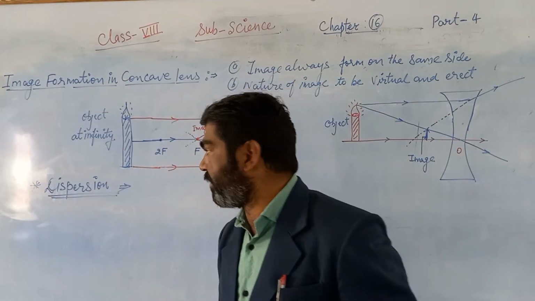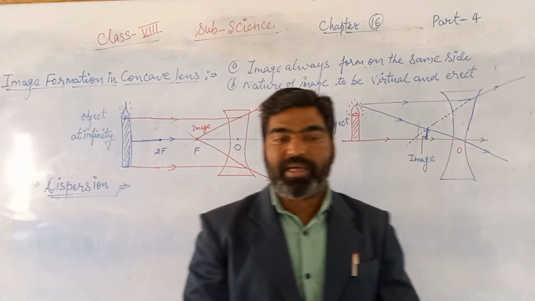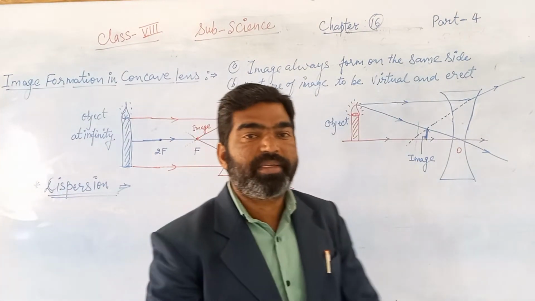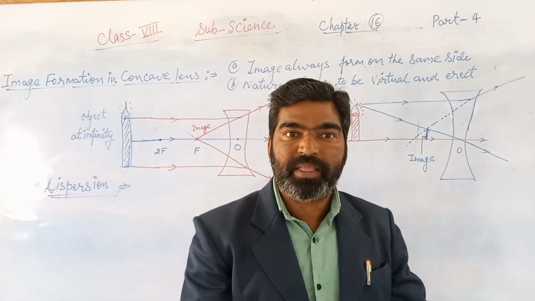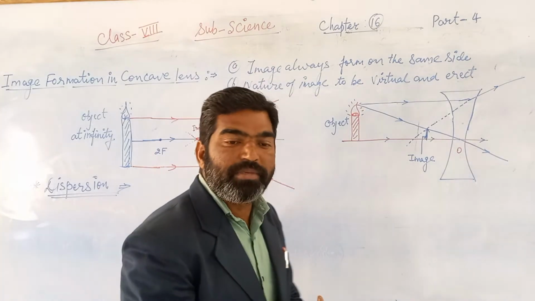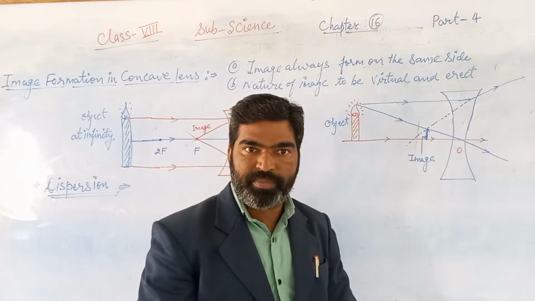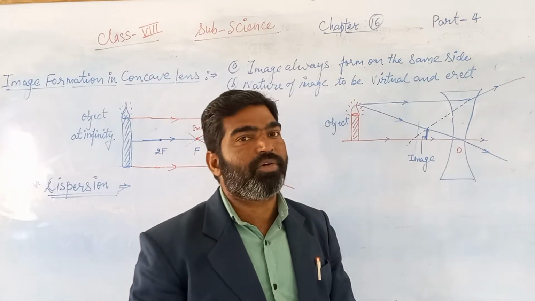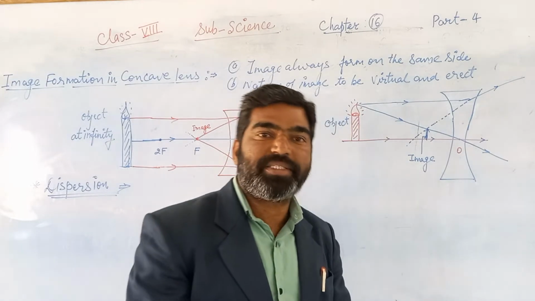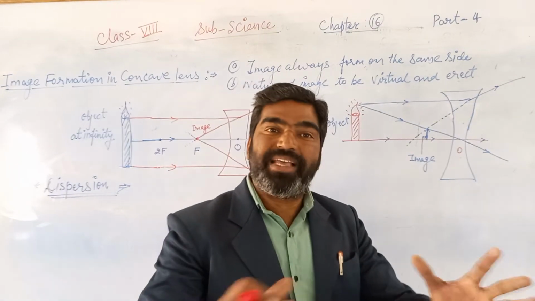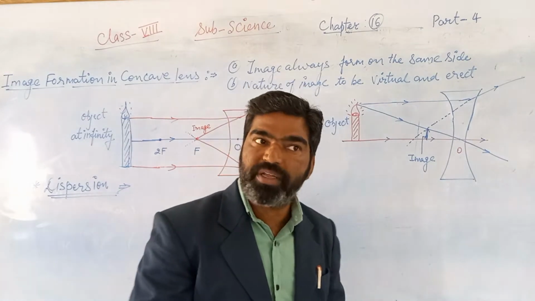Dispersion means when we pass white light, or the ray of the sun, or any light, through a prism, it can be split into 7 different colors. This process is called the dispersion of light, meaning splitting of white light into its constituent colors.